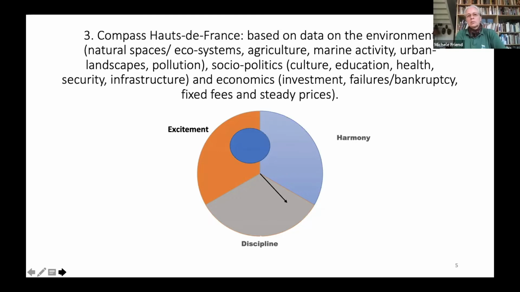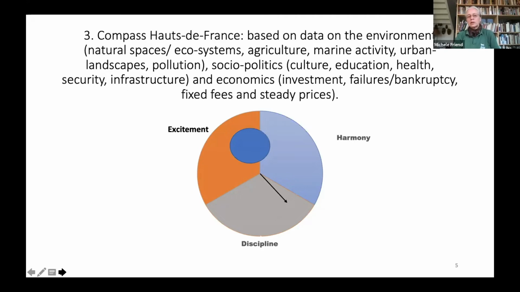And another component is economics. So investment really belongs in excitement, because we're injecting money and it's risky, right? The investment might fail. It might produce almost nothing. It might produce something very good. So the degree of risk has to do with where we would situate the arrow within excitement.